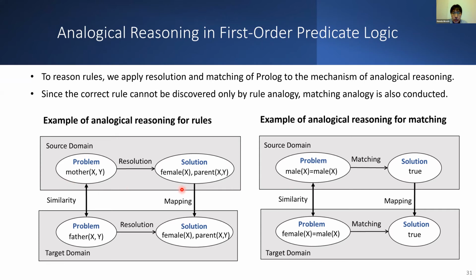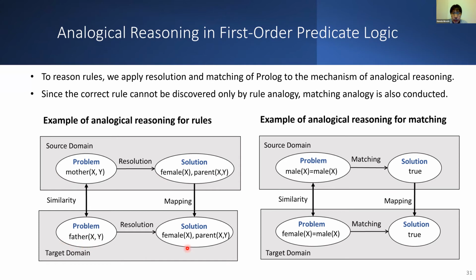The solution of the source domain is X is a female and X is Y's parent. Suppose we could find similarities between father and mother. Then the problem of the target domain is X is Y's father.